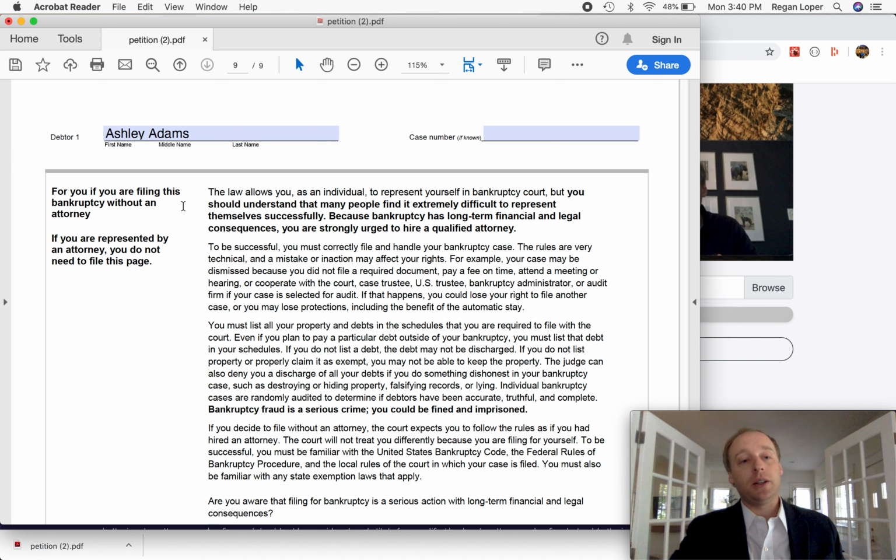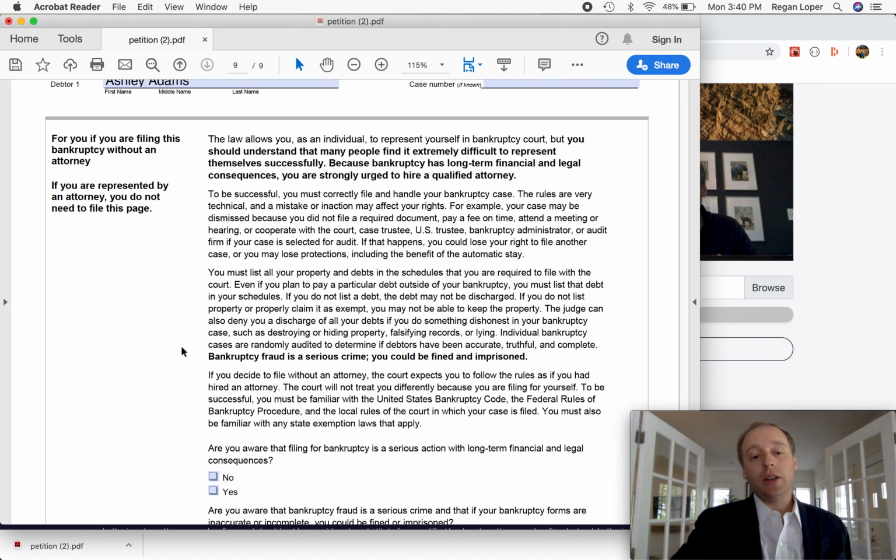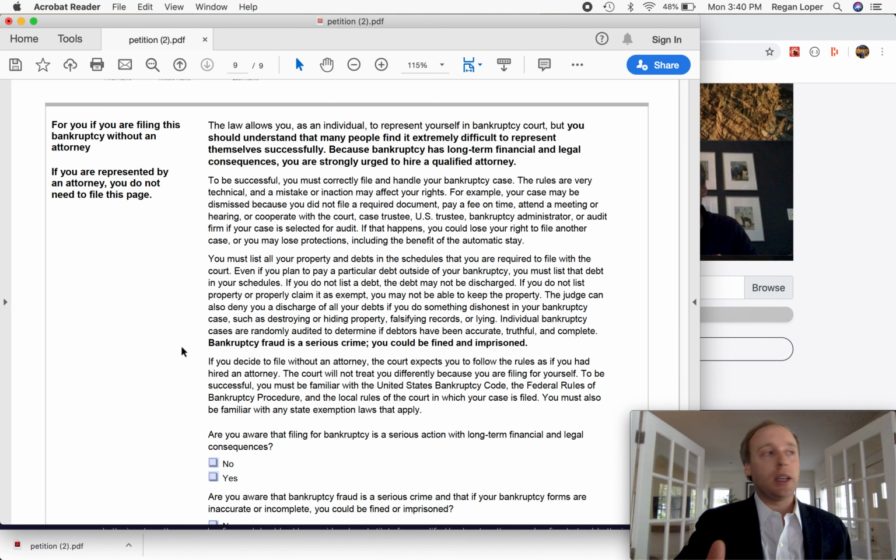And so what you would do is proceed to page 9, and this applies if you are filing this bankruptcy without an attorney. If you fall under that circumstance, which I would guess most people using this website will fall under, please read and take note of these disclosures and understand there are serious risks and legal implications that come with filing a bankruptcy.